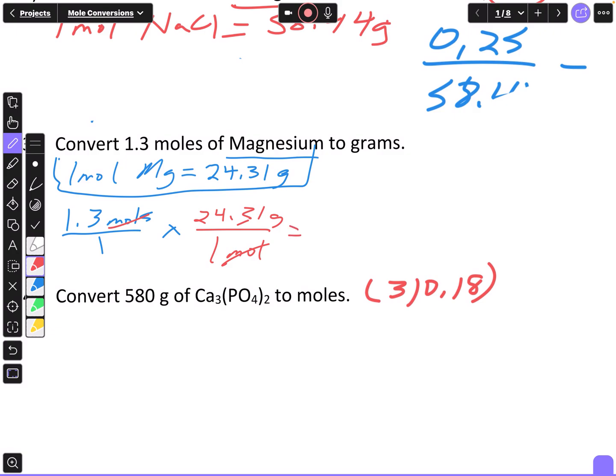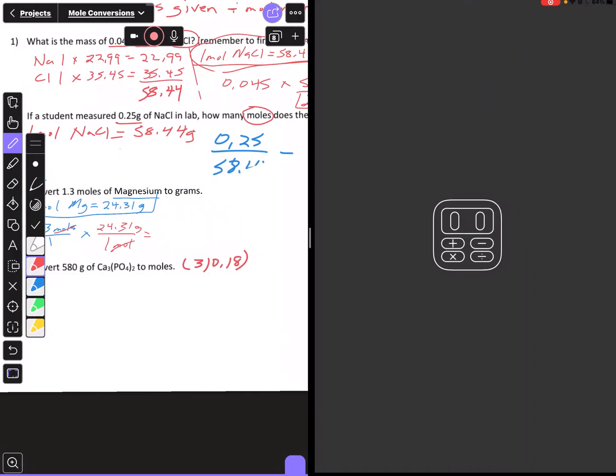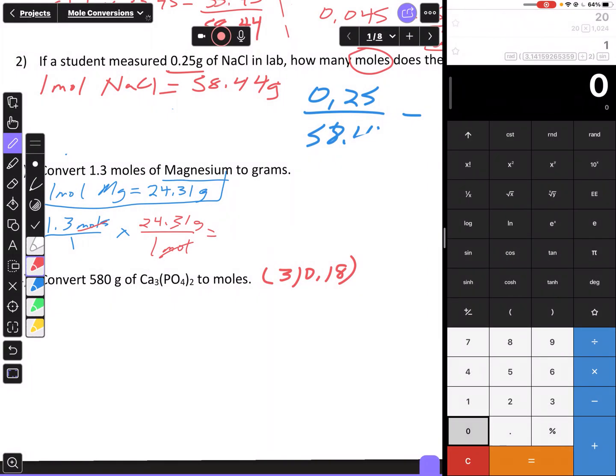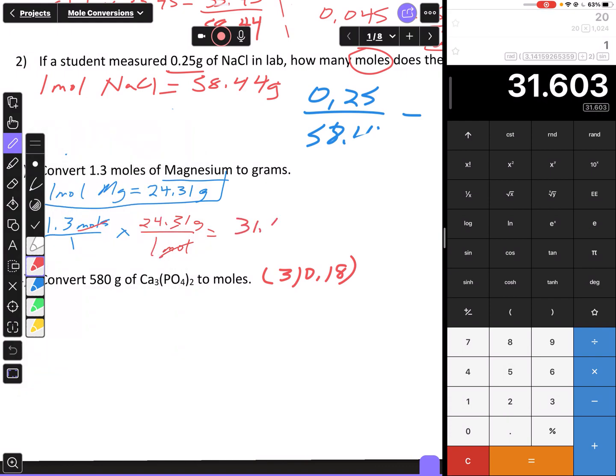And I would take 1.3 times 24.31. That gives me 31.60, and that's grams of Mg would be my answer.